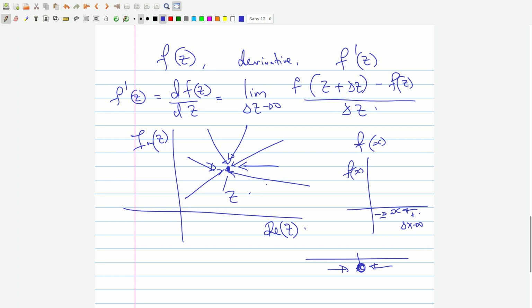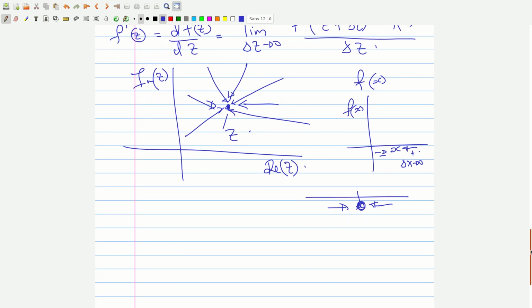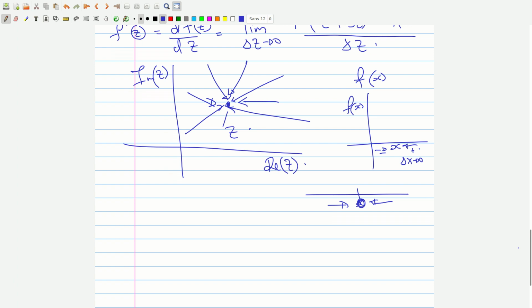By the way, please note I am using these terms on the assumption that you understand what it means when I say that as we approach x, the change in x is approaching 0.